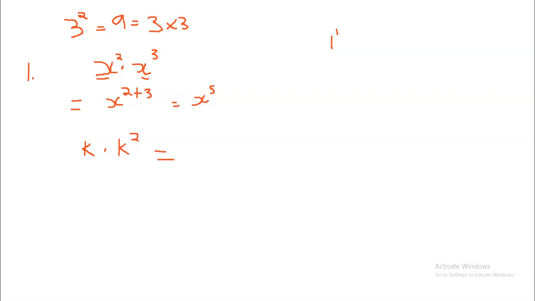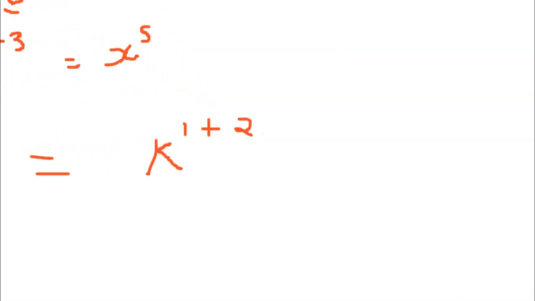Because they're the same base, we're going to add the exponents. This will be 1 plus 2, and therefore k will be equal to k to the power of 3. 1 plus 2 is 3.